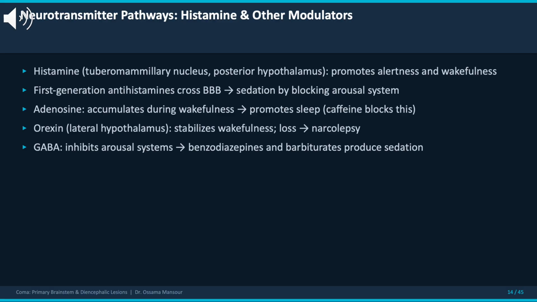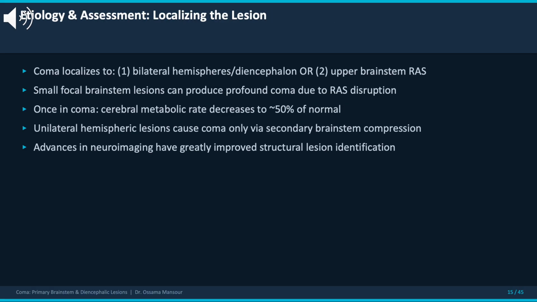The decreased firing rate of arousal-promoting neurons is clearly evident during the sleep state. Understanding these systems helps us predict the effects of medications and metabolic disturbances on consciousness. Now let's turn from neuroanatomy and neurochemistry to clinical localization.